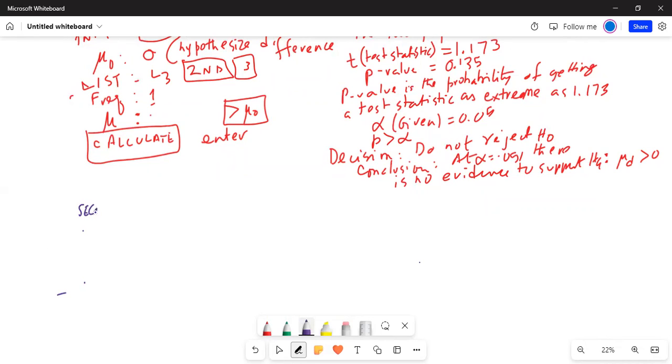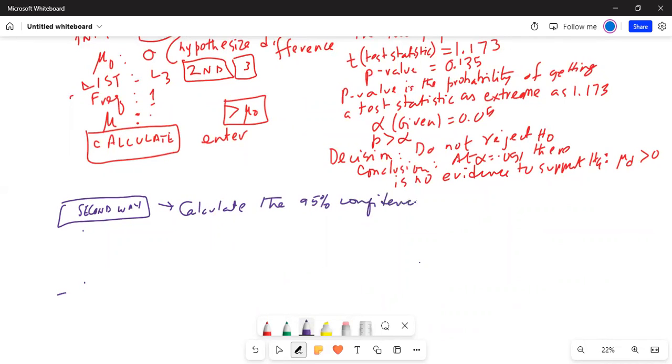Second way: calculate the 95% confidence interval for mu d.